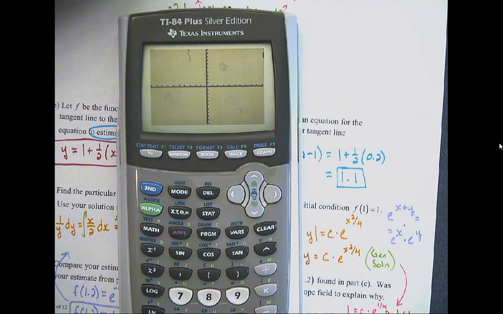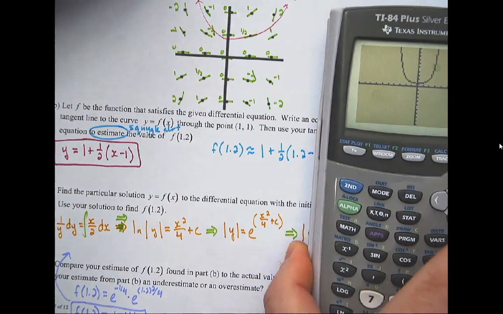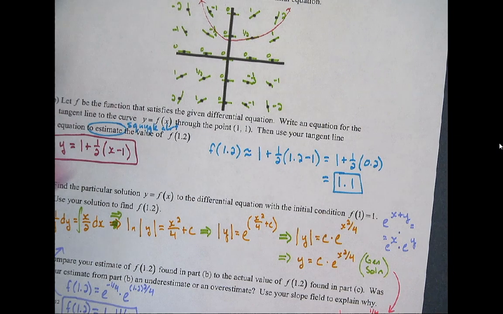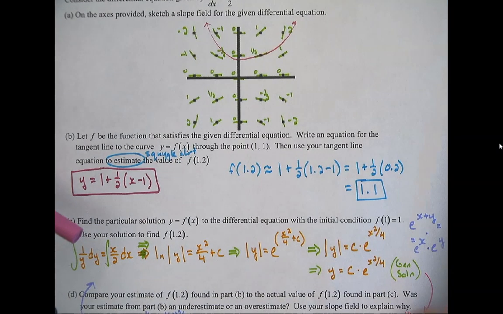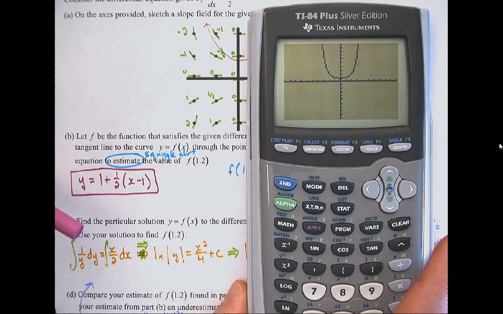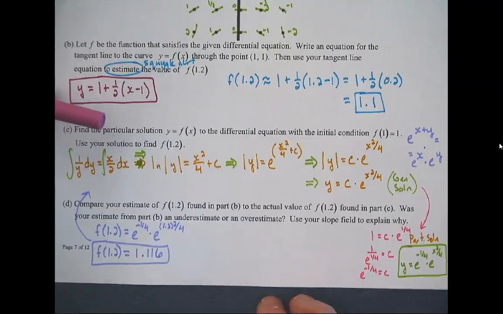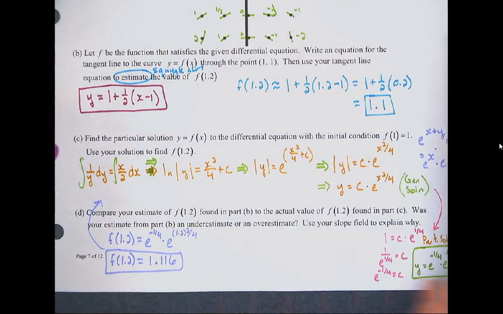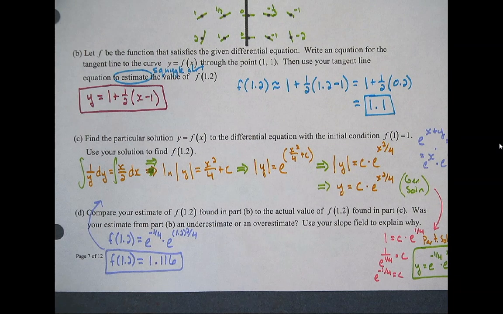How do we do? So why does it seem reasonable that this should be an underestimate? What do we know about our function? In that area, our function is concave up. So our argument is we're going to use the slope field to explain why. I don't know if I can use the slope field.